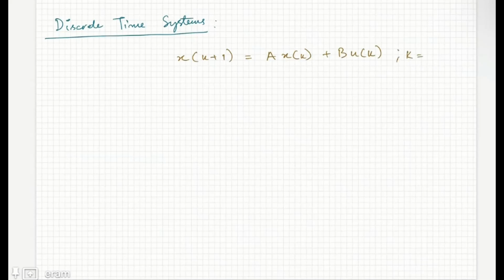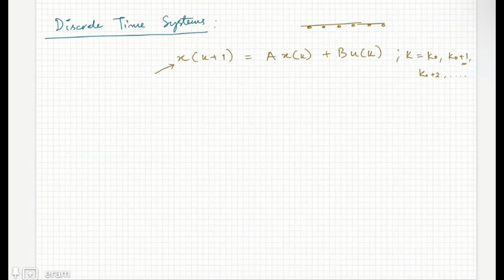We call the system discrete because we have updates of the system states in discrete time. At discrete instances we have the information of the system only at some instances of time. This k varies from k naught plus 1, k naught plus 2, up to some infinity, and you can see that k is incremented by one step only.